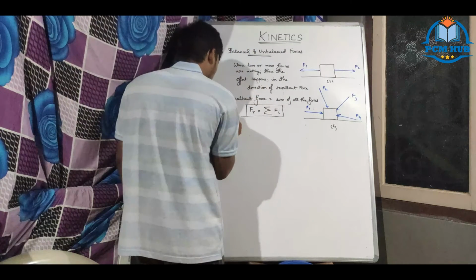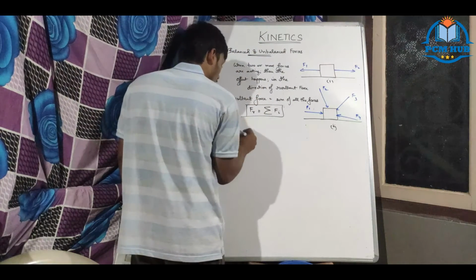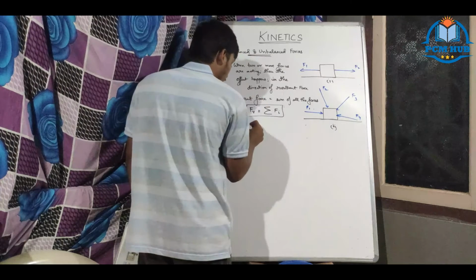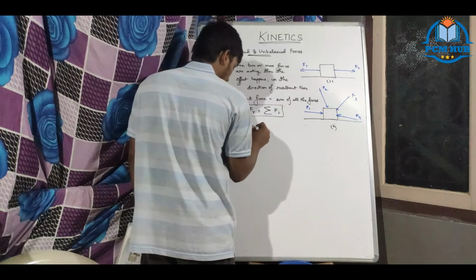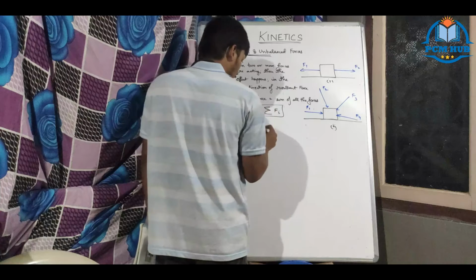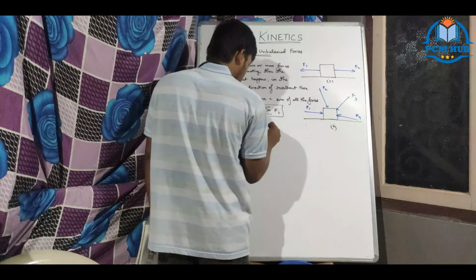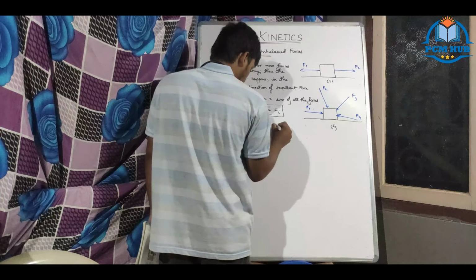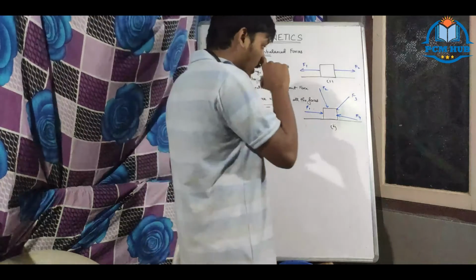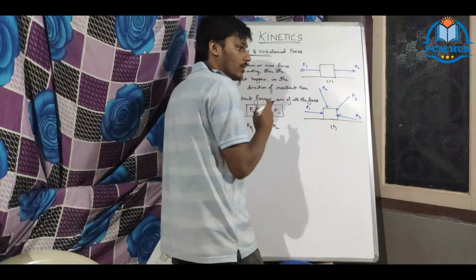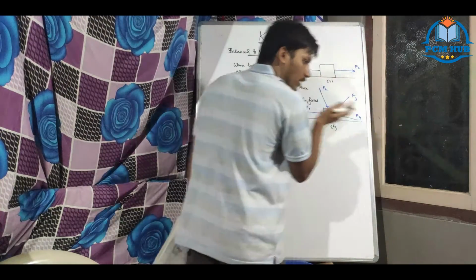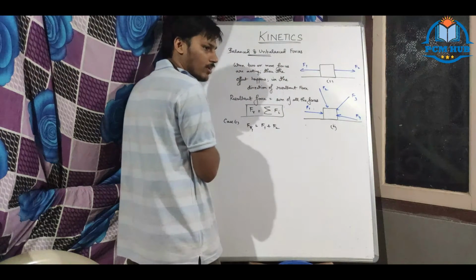So in case number 1, what is F resultant? We have the sum of the forces, that means F1 plus F2. There is a need for sign conventions. If all forces towards the left are taken positive, all towards the right become negative.